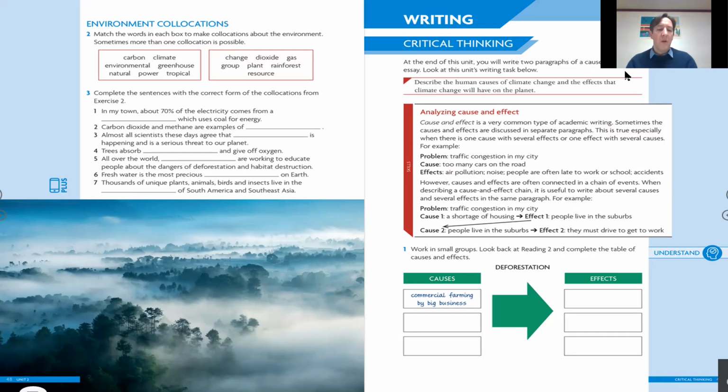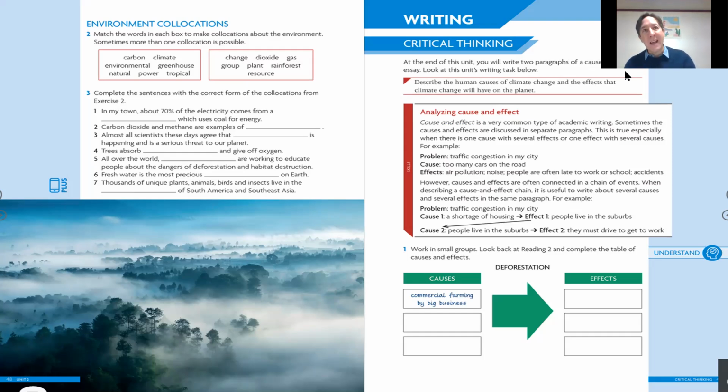Carbon. What word could go with carbon to make a new word? Carbon dioxide. Climate. What could we put with climate? Climate change. How about environmental? Environmental group. That's basically a group of people that try to help the environment.